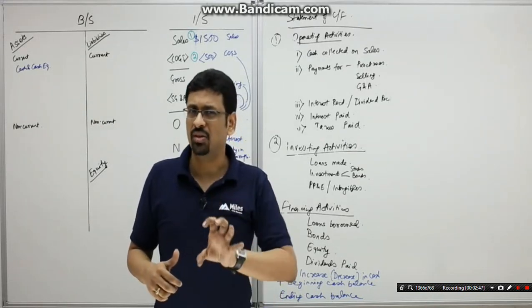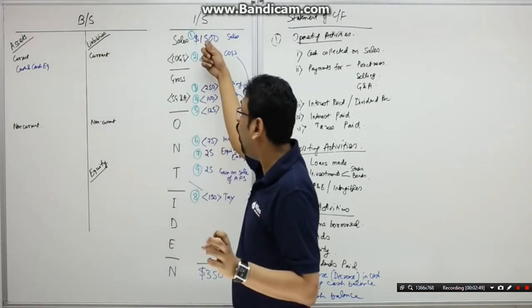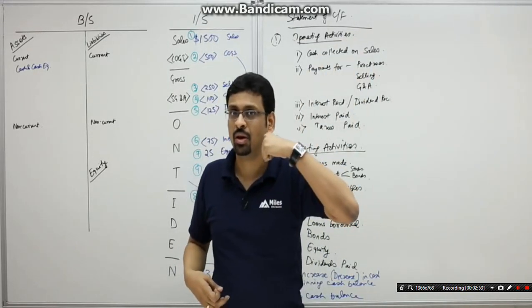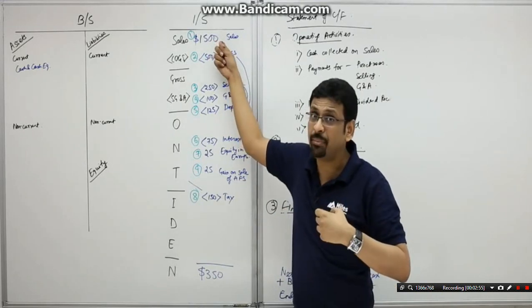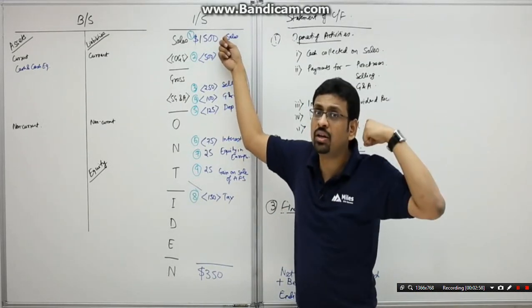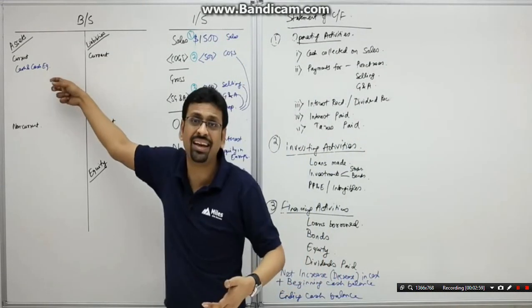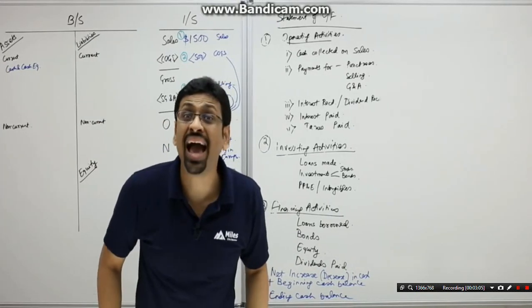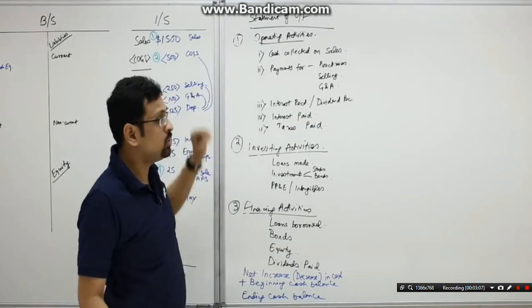What this means is maybe for all the sales that they've made, they haven't been able to collect all the cash. Of 1,500 in sales they made, they could collect only $1,300. The $200 increased their accounts receivable here. Let's do the journal entry, look at the cash plug, which will go onto the cash flow statement.